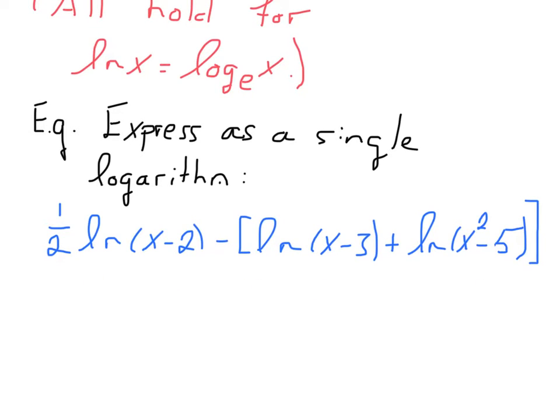So let's do that. Looking first right here, we see that we have the sum of two logs, and we can write that as the single natural log of the product of x minus 3 and x squared minus 5. And also, when I do this first step, we'll notice that we have this constant multiplying the logarithm, and we get to bring that up over here as an exponent.